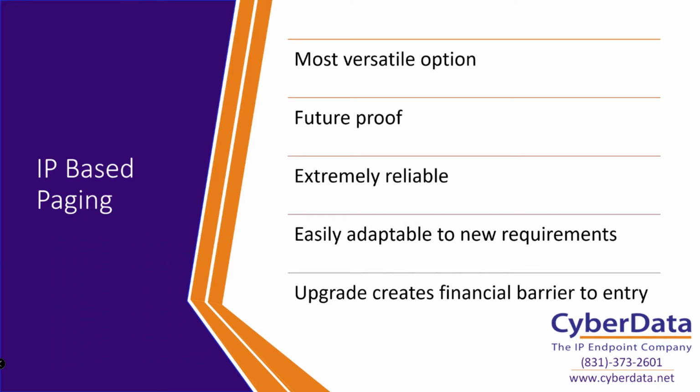Perhaps an end customer would want to switch over to that particular system. Well, that can be very easily done with IP-based hardware, and that might not be possible with an analog-based solution. So you can really adapt to new requirements, whether that would be just a subtle firmware change on the particular device or even adapting and using a wholly new paging system.